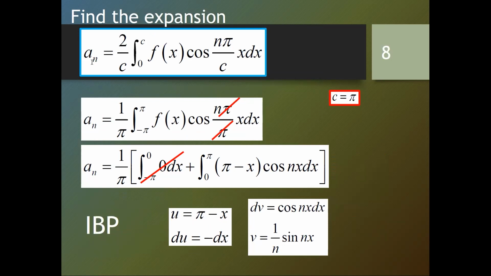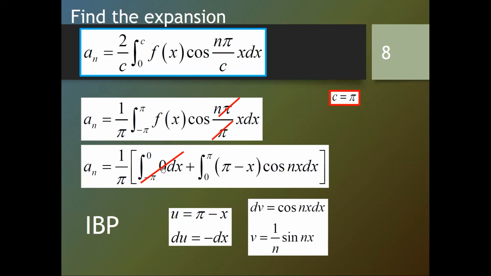Kunin natin yung a sub n, di ba? It's just formula naman. A sub n is this. Okay? From negative pi to pi, f of x cosine n pi x over pi. Kasi if you plug in c in the formula, magka-cancel yung pi. Alright.